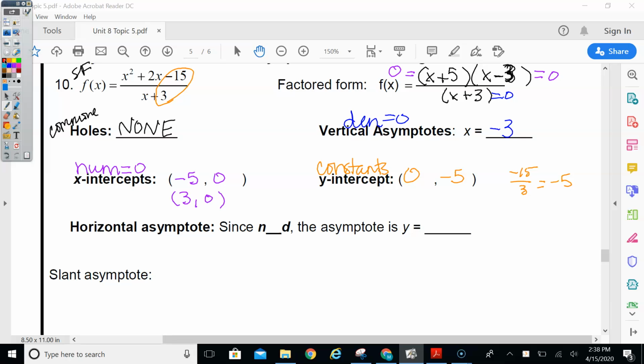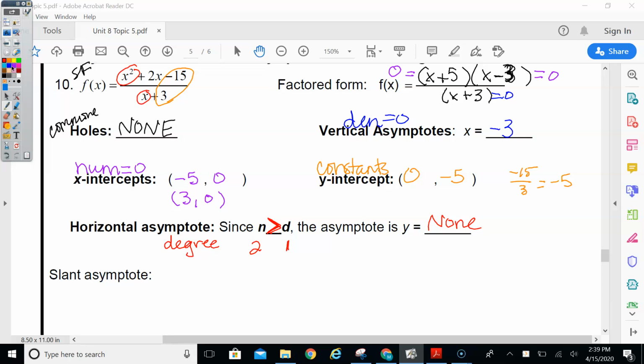So for this last part, for the horizontal asymptote, you look at the degrees first. The degree of the numerator is 2. The degree of the denominator, since it's linear, is 1. So when the numerator is greater than the denominator, this thing has no horizontal asymptote. So the asymptote is none, horizontal. However, because it's one more, it does have a slant.